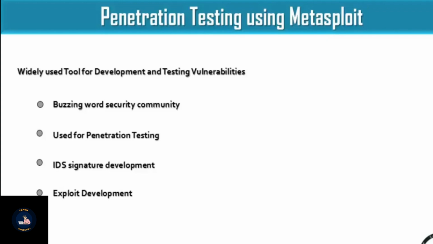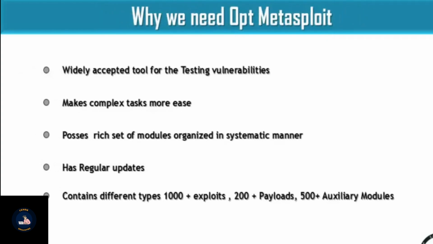For exploiting the vulnerability, instead of writing the exploit, Metasploit framework ships with publicly available exploits, and this framework is organized in a systematic modular format. Besides, it also has regular updates. Why we need to opt for Metasploit? In the previous slide, we have discussed the features of Metasploit.